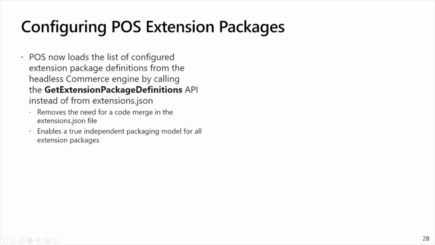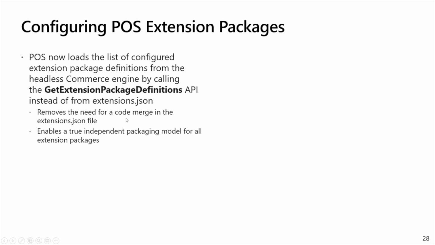The next, and a one-time, change was moving away from extensions JSON to configure which extension packages will be loaded. This extensions JSON approach required a merge if there were different extension packages, which was incompatible with the independent packaging mantra. So what we've done is introduce a new API in the Headless Commerce Engine called Get Extension Package Definitions.